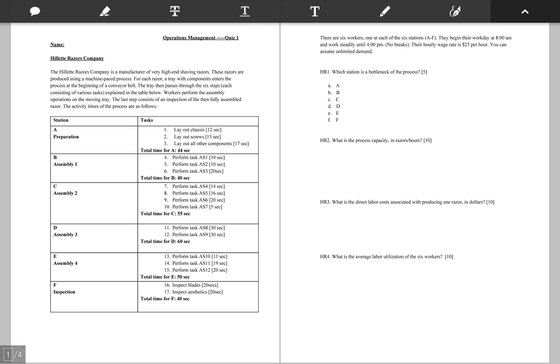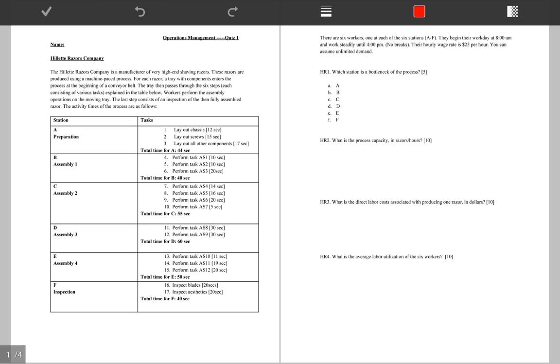All right, let's work on the solution for the quiz 1. The first question says there are 6 workers, 1 at each station, and then the processing time for each station is given: 44 seconds, 40 seconds, 55 seconds, 60, 50, and 40.